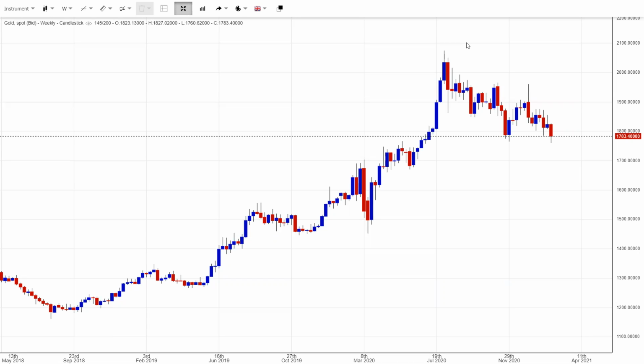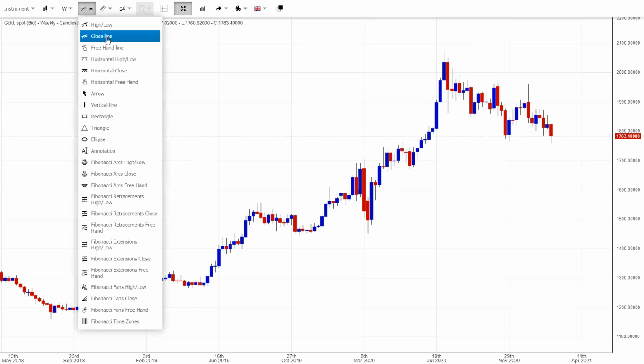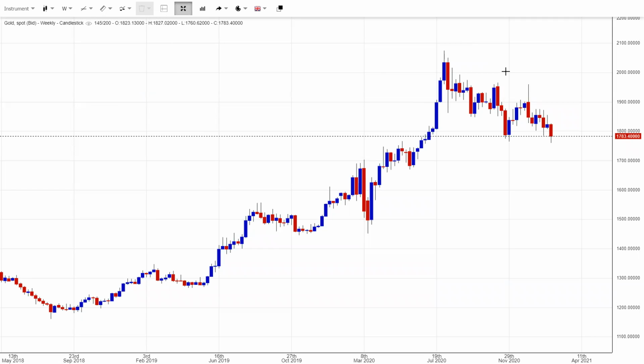Before we get into the presentation, I wanted to point out that I'm going to be doing a markup. What we have here is the gold to USD currency pair. For each support and resistance level in marking up the chart, I will use my horizontal freehand line to mark off the key levels which we need to be observing.